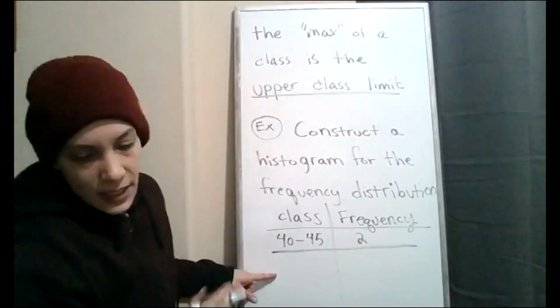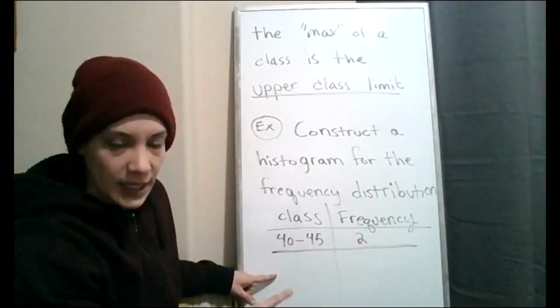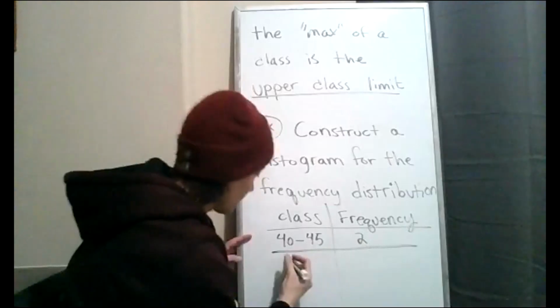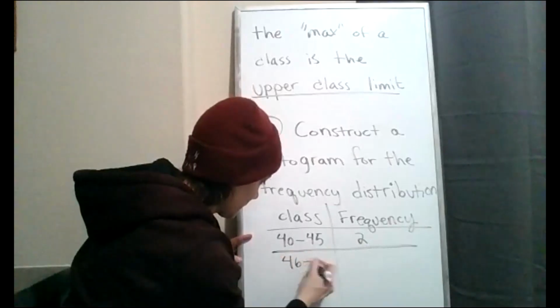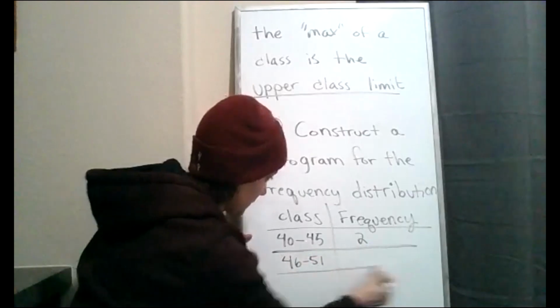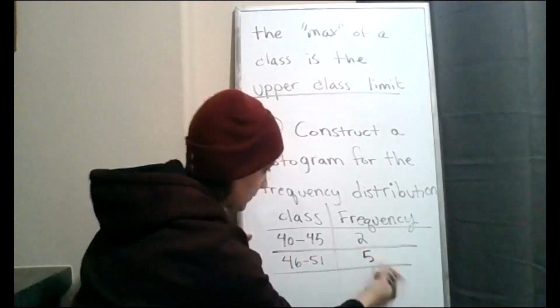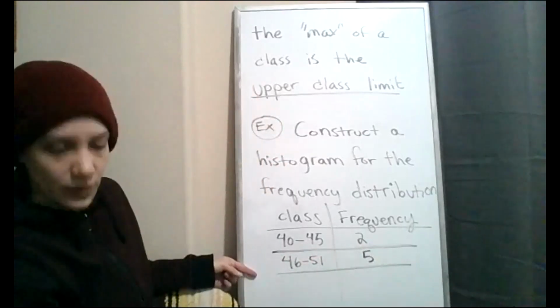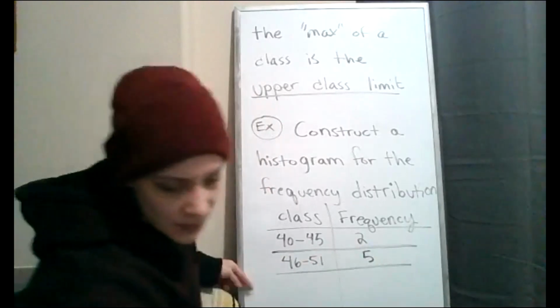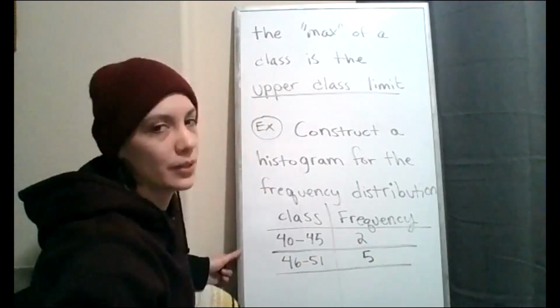The next class is 46 to 51, and its frequency is 5. Then there's a class 52 to 57, frequency of 7.